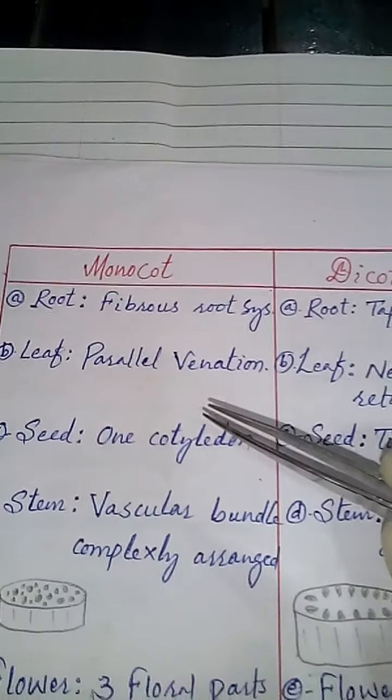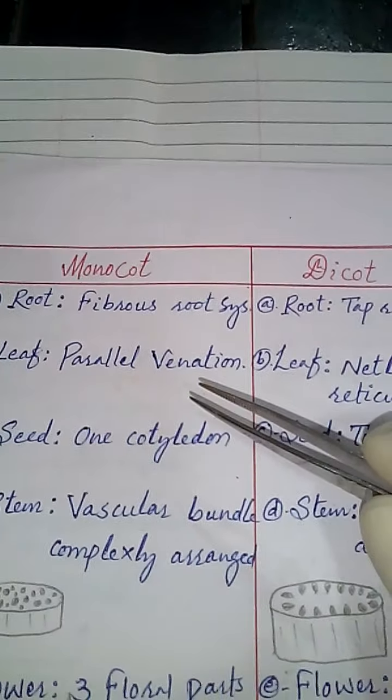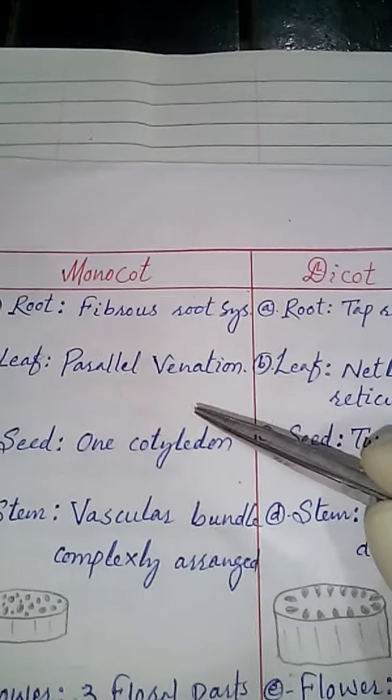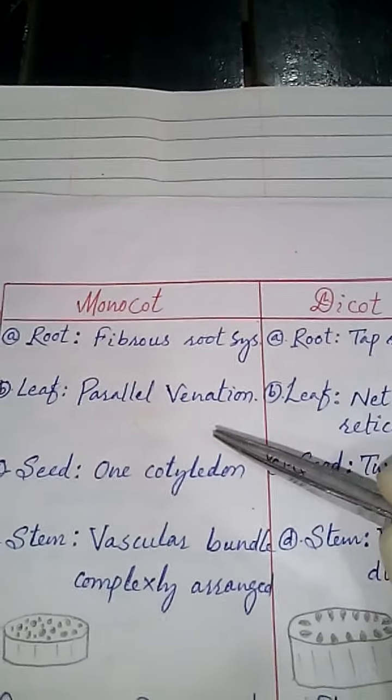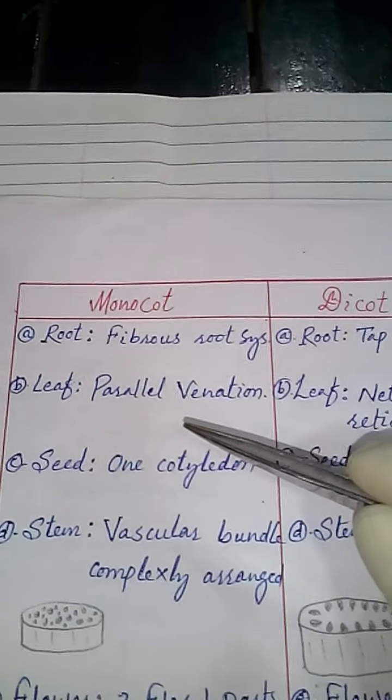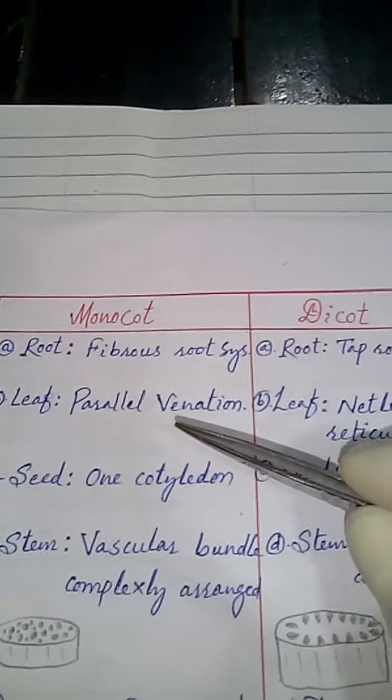Parallel venation means the veins and veinlets inside the leaf are arranged parallel to each other, by which the different fluids, like water and other minerals, pass through those veins to all parts of the leaf.